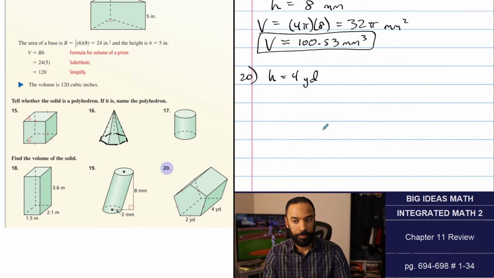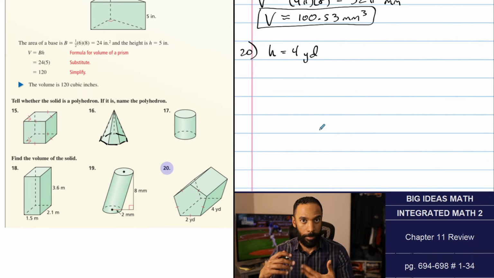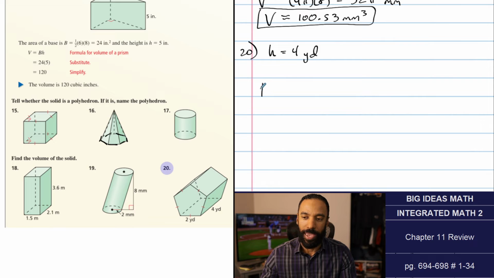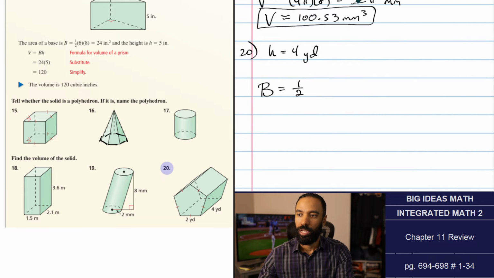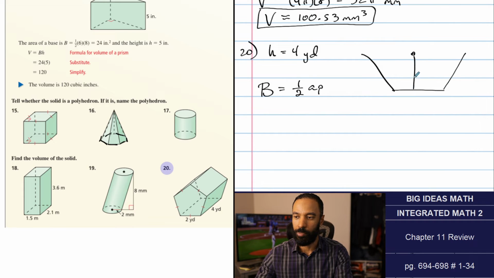This is one where we have to do the apothem times perimeter stuff. This is where it's used. So the area of the base is 1/2 apothem times perimeter. I'll just write AP. So let's attack that in this broken up portion of this pentagon. I've said several times the central angle divided by 2 here is 36 degrees.